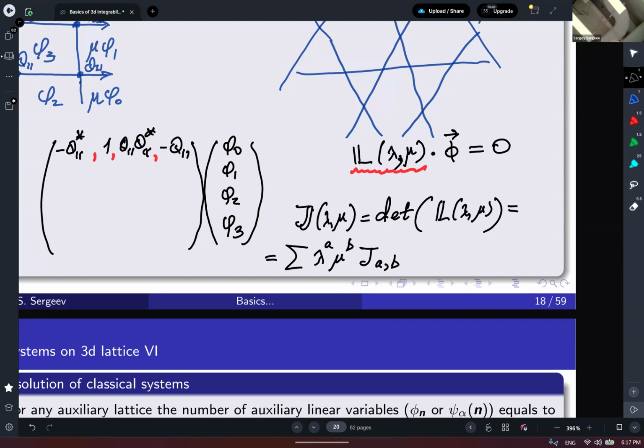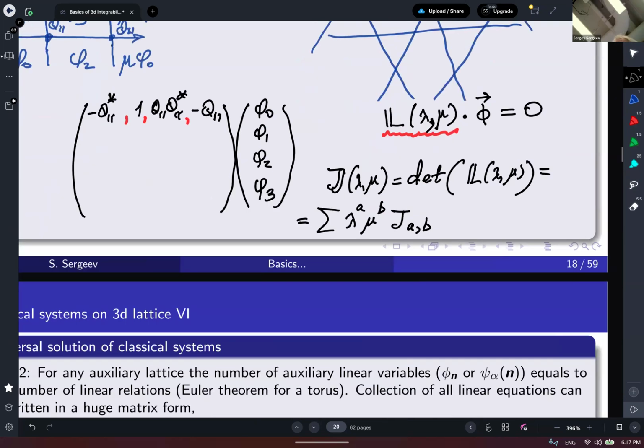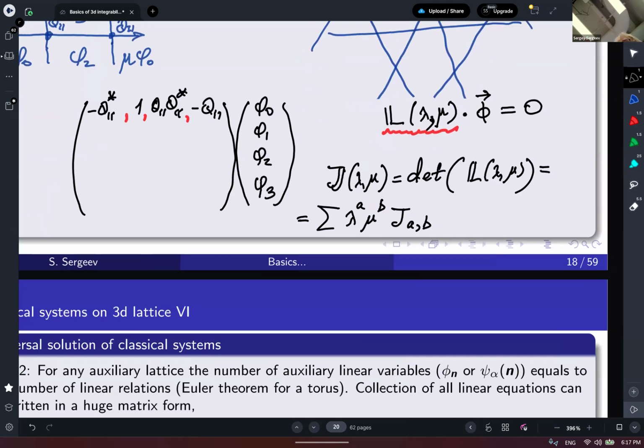Coefficients are polynomials with respect to fields. So same is valid for both linear problems. Doesn't matter. Same situation. And of course, auxiliary linear problem can be solved if and only if this determinant is zero. Determinant of polynomial is zero is definition of algebraic curve.